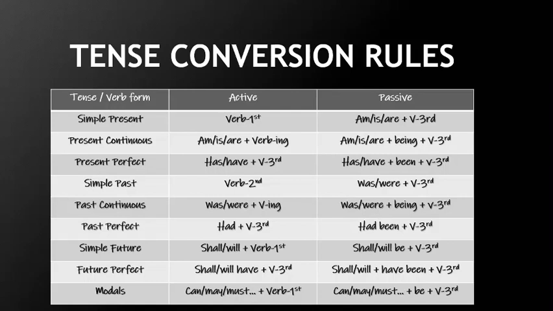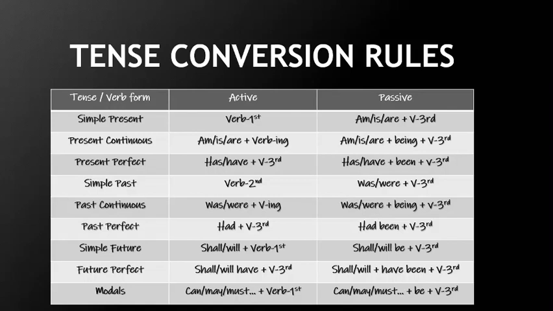Now the modal verb is really interesting because you see after modal verbs we use the actual form of the verb, the infinitive form of the verb. So can, may, must, ought to, whatever be the modal verbs, we will use the be verb in its be form, no other variation. And then we will add the third form of the verb.